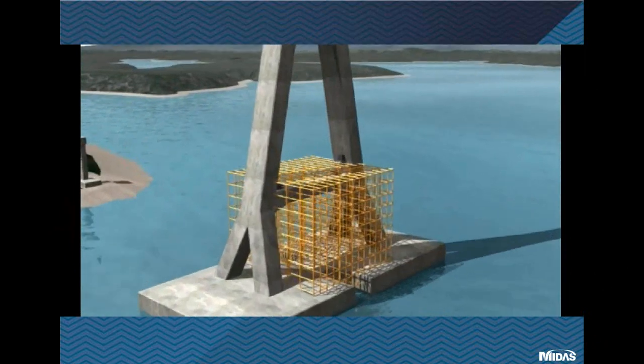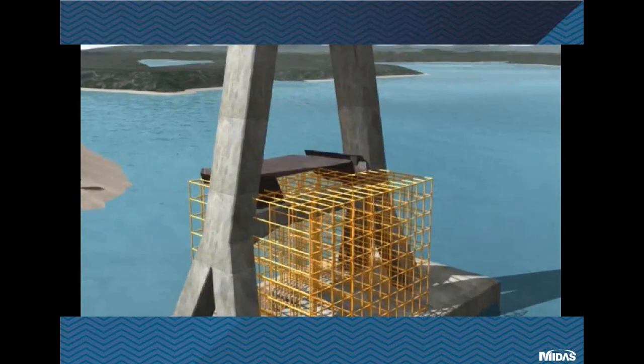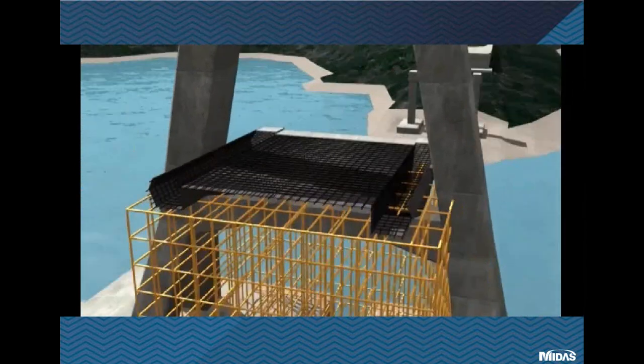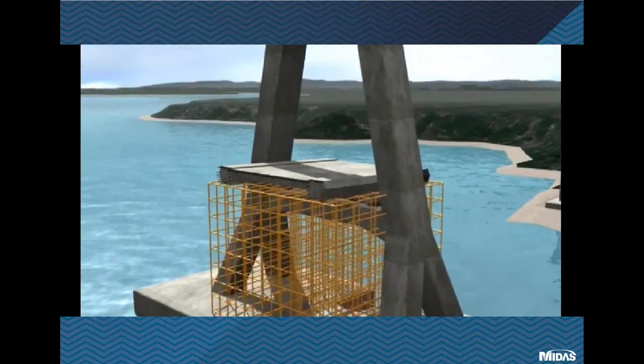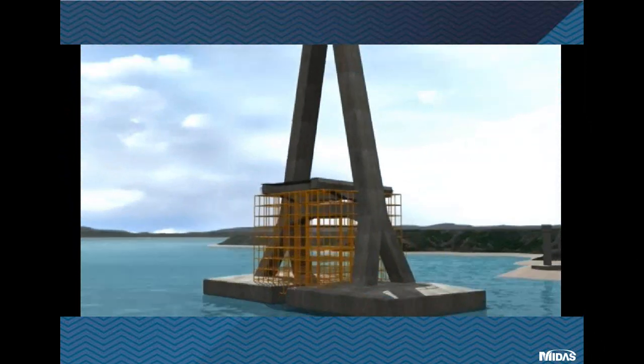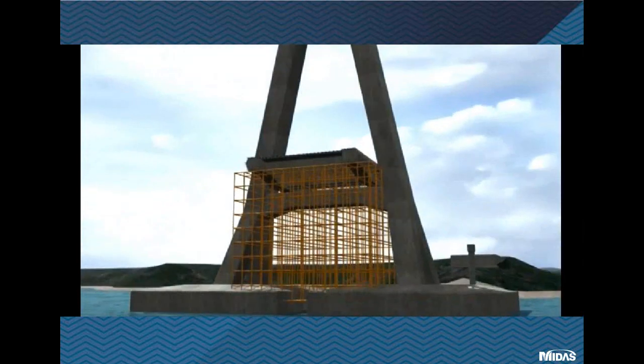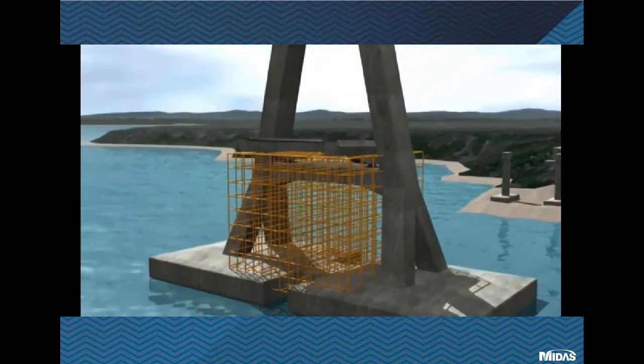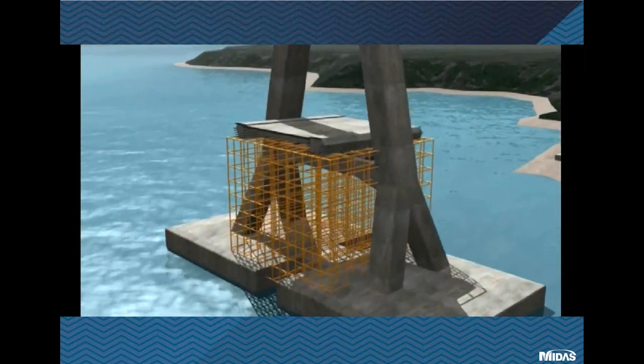Now installation of scaffolding for pouring of pier table, formwork, and then pouring concrete of the pier table. Now temporary fixing of pier table for maintaining the stability during erection of the bridge deck.